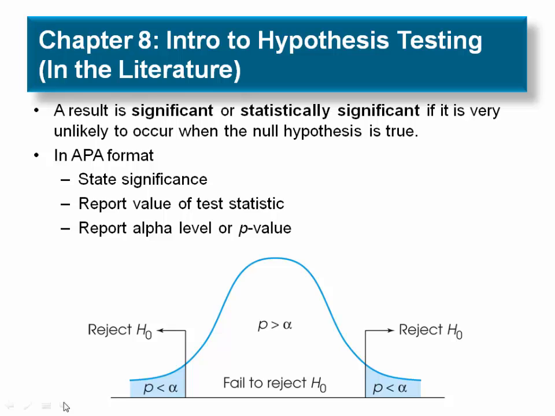In scientific reports, the researcher does not actually state that the null hypothesis was rejected. Instead, the researcher reports that the effect of the treatment was statistically significant. Likewise, when the null hypothesis is not rejected, one simply states that the treatment effect was not statistically significant or that there was no evidence for a treatment effect.